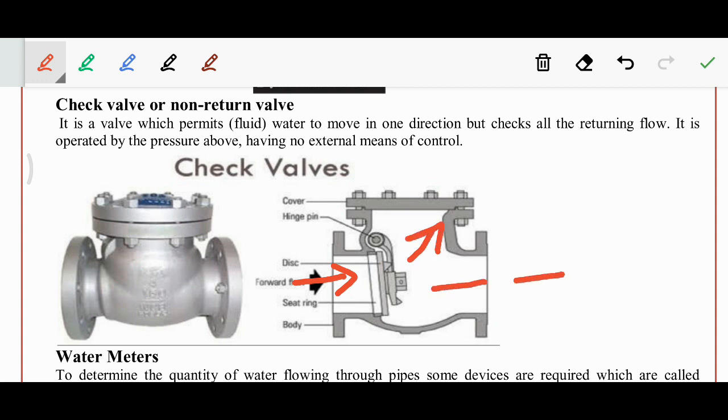Once the flow enters the shutter or gate, there is no chance to return it back. It will close automatically. So it is a valve which permits flow of fluid or liquid to move in one direction but checks all the returning flow.